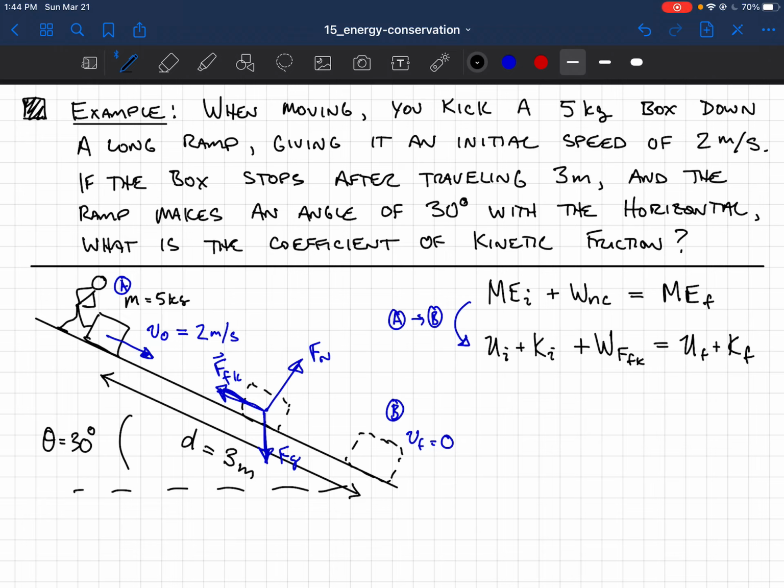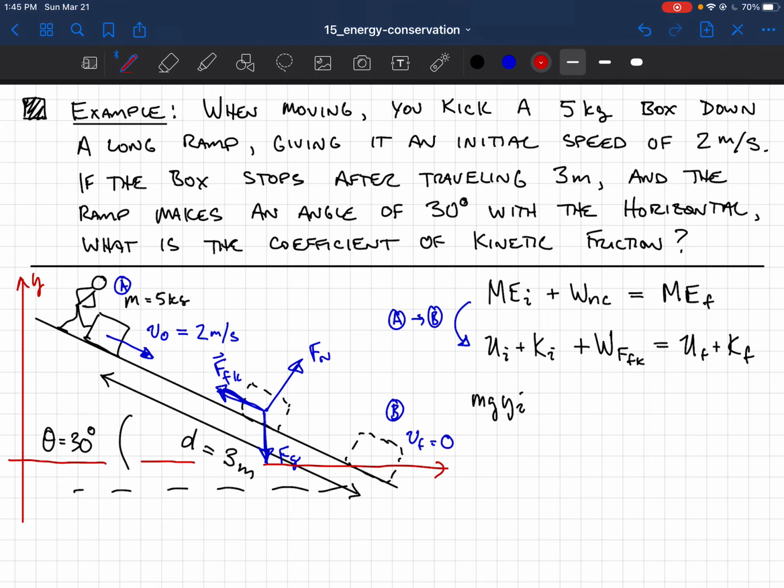And then we have U initial is going to be mgy initial. And just by writing that down, I should choose myself a coordinate system. So I have to choose an upward pointing y-axis. That's my y-axis. And again, I'm going to choose it carefully so that one of my conditions goes to 0.